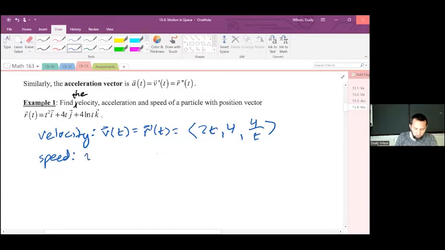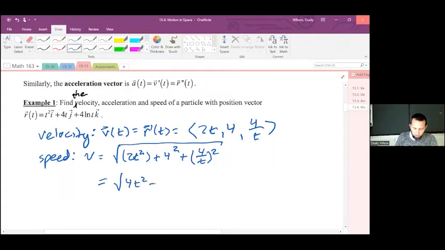So the speed will equal the square root of 2t squared plus 4 squared plus 4 over t quantity squared, which would be the square root of 4t squared plus 16 plus 16 over t squared.